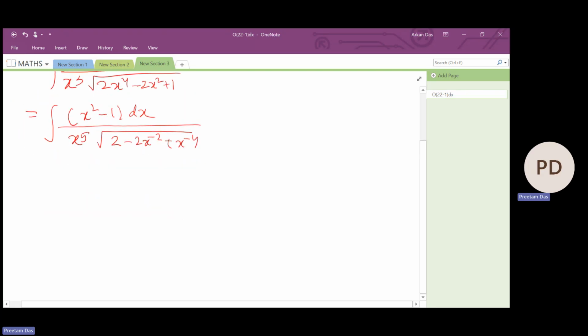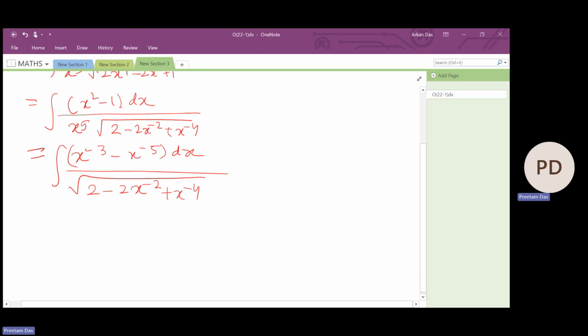Now this x raised to 5, I can bring it to the numerator. And then it will become x raised to minus 3 minus x raised to minus 5 dx divided by 2 minus 2x raised to minus 2 plus x raised to minus 4.